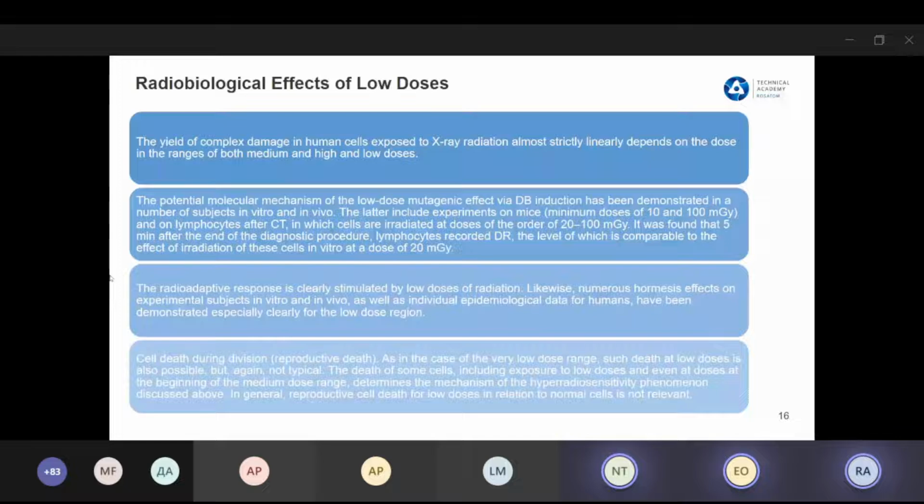in which cells irradiated at doses of the order of 20 to 100 milligrams. It was found that 5 minutes after the end of the diagnostic procedure, lymphocytes recorded double breaks at a level comparable to the effect of irradiation of the cells in vitro at doses of 20 milligrams.